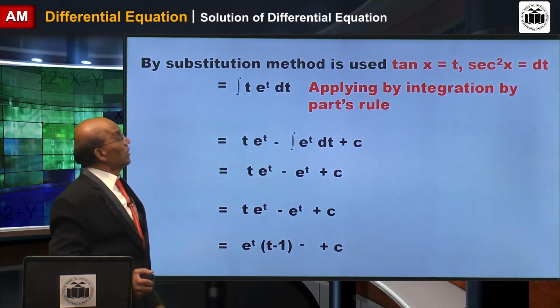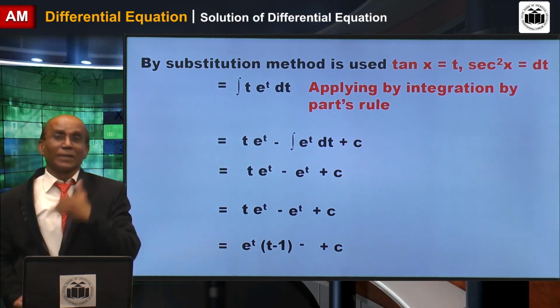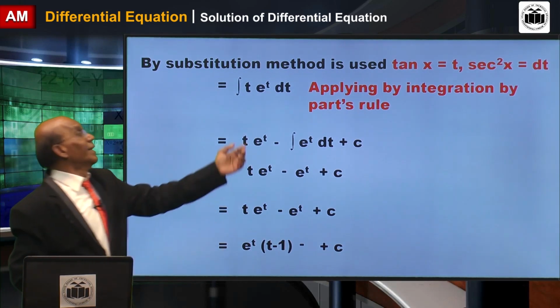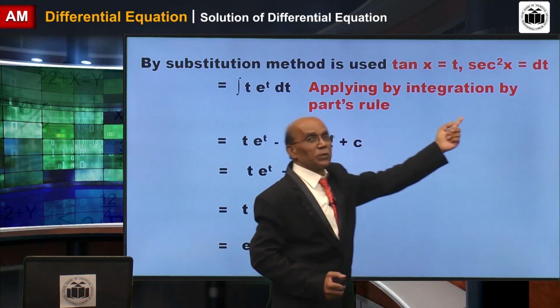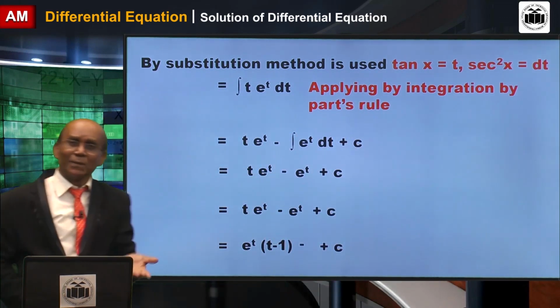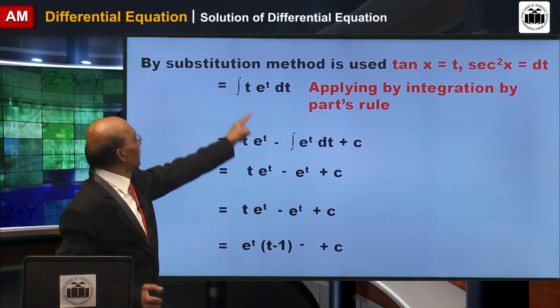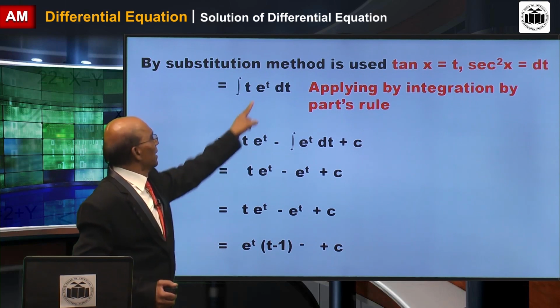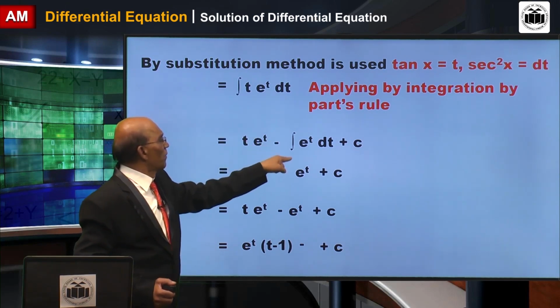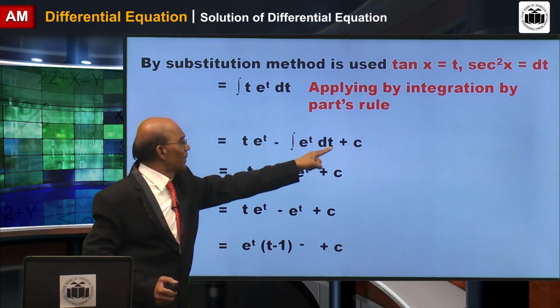Then for t e raised to t, we can apply another method, and that is called the integration by parts rule, because we first converted by the substitution method, and then come to integration by parts. Integration by parts says: first function times integral of second, minus integral of d by dt of the first, which is 1 here, times integral of e raised to t dt, plus c.